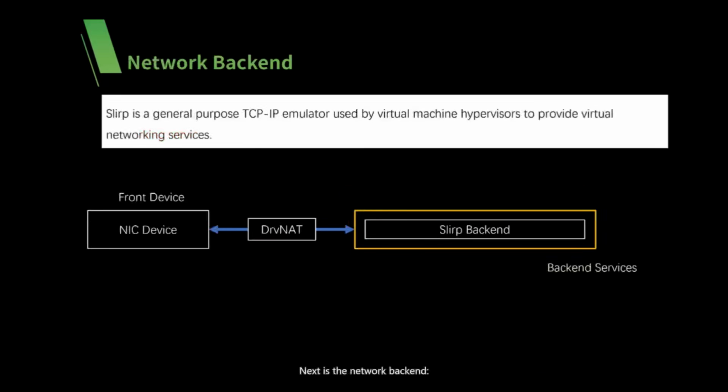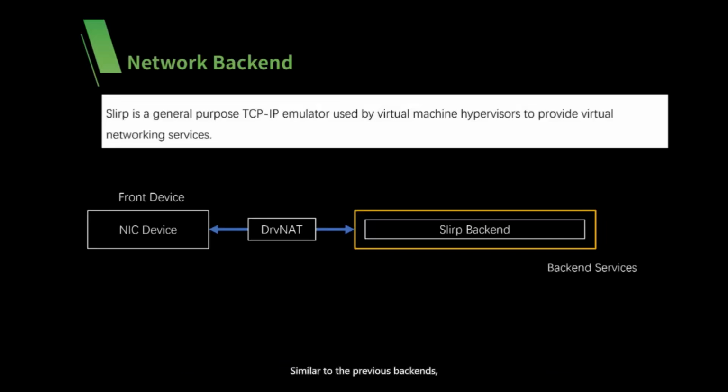Next is the network backend. The backend of the network card device is mainly used to process the network packet protocol and then forward it. VirtualBox uses a third-party open source library, SLIRP. Since the library can be easily compiled and run independently, many people have forked it.